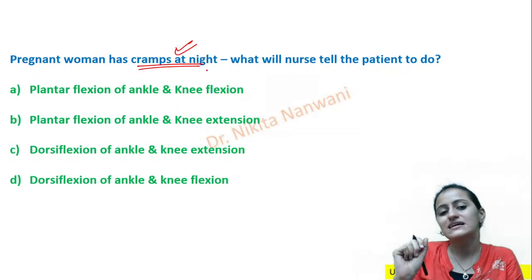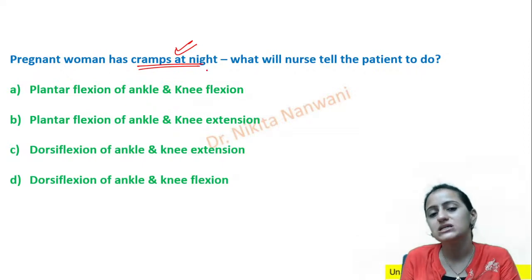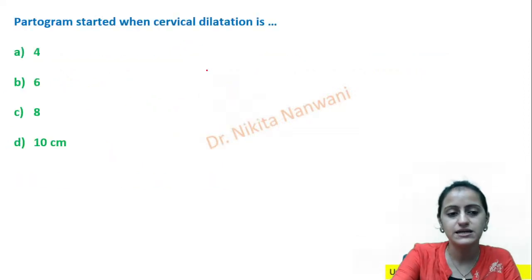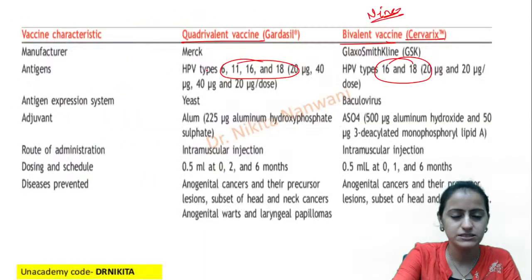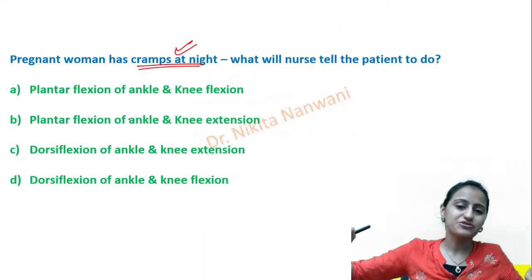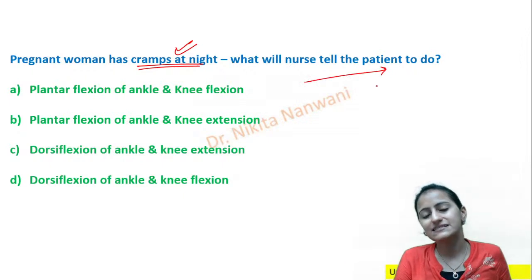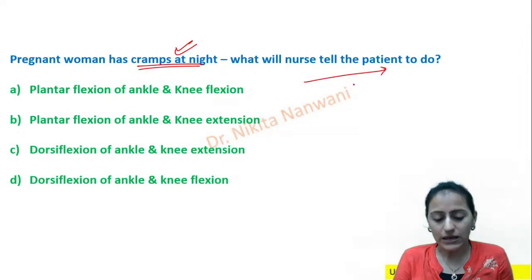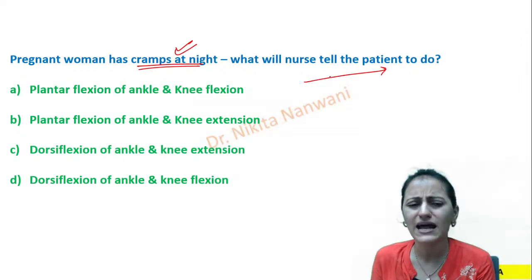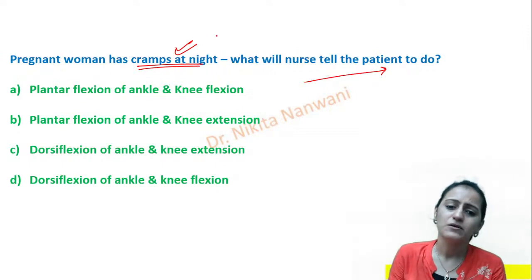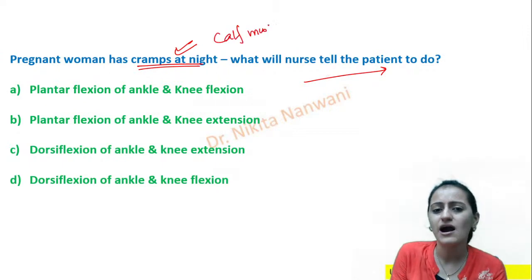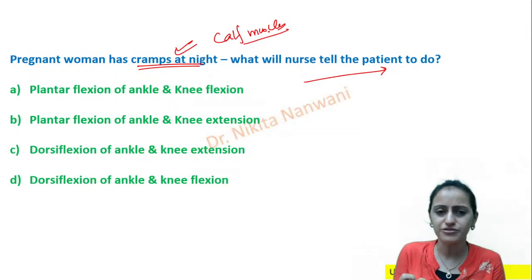So whenever there are cramps, first thing is stretch the leg. Okay, to stretch the leg, let me show you the image. Maybe it's not there. So first we have to stretch the leg, meaning do knee extension. Now when cramps occur in your leg, most commonly affected are your calf muscles. Okay, calf muscles are contracting.